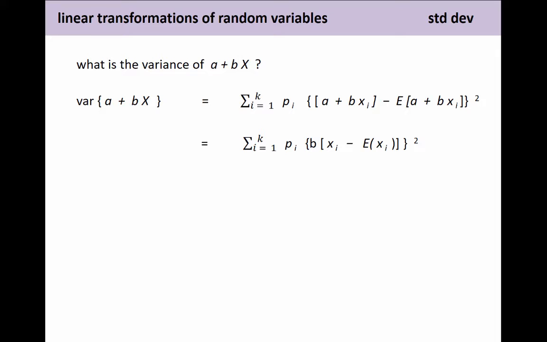B is still a constant here, so it can be pulled out to multiplying ahead of the summation, and when we do that, what happens is we actually have the constant b squared.